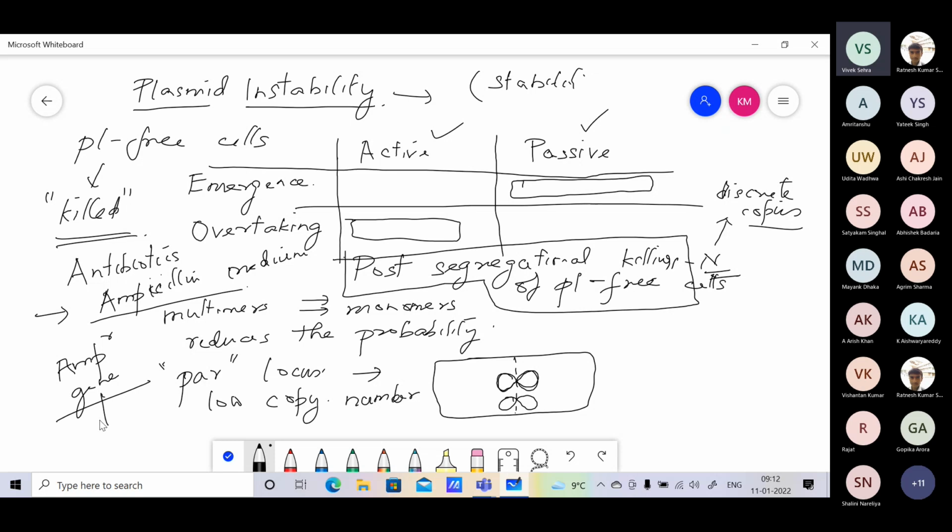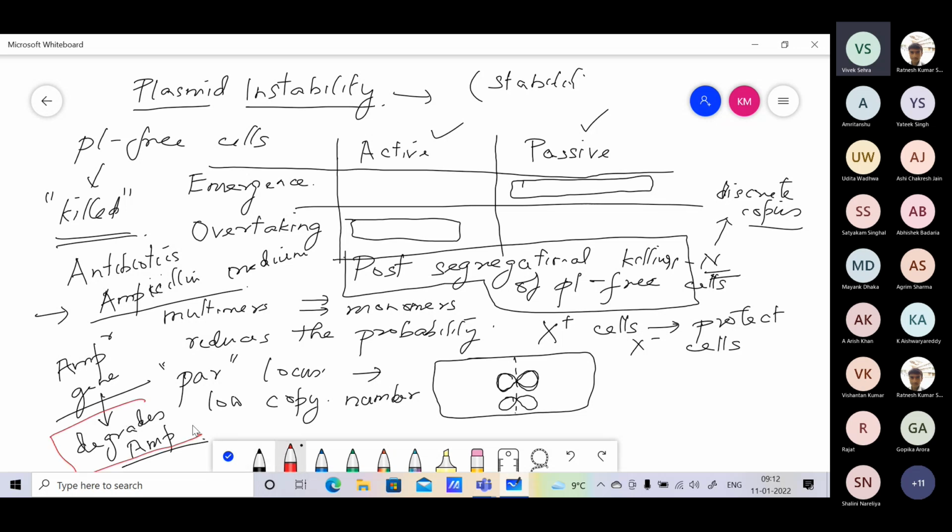Ampicillin is actually degraded by the beta lactamase gene product. Because it degrades ampicillin, you could end up in a situation where the plasmid containing cells, the X plus cells, somehow provide protection to the X minus cells by leaching enough beta lactamase, which degrades the ampicillin.